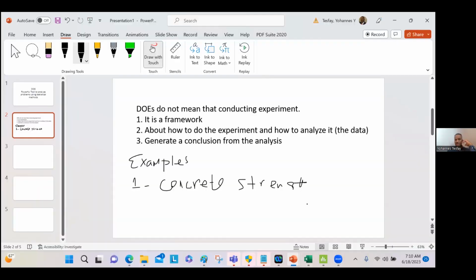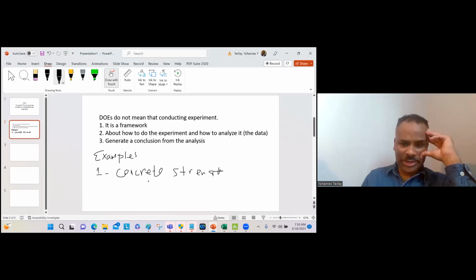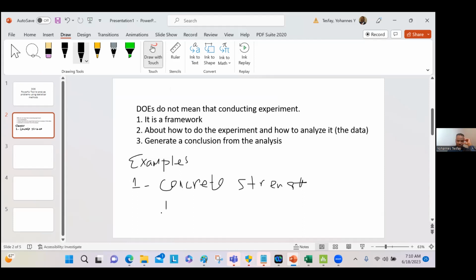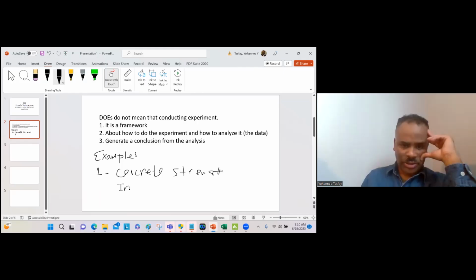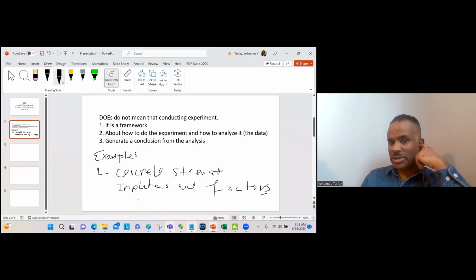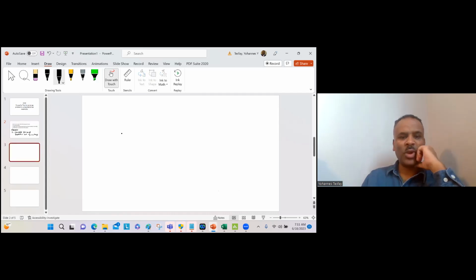This is what you want to study. So what are the factors? All the inputs are factors. Okay, that is just one example. We have several examples.